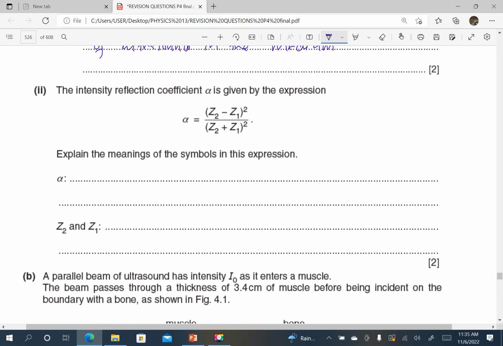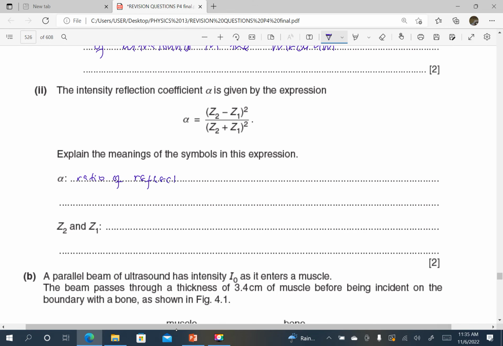Alpha, of course, is the ratio of the reflected intensity to the incident intensity of ultrasound.